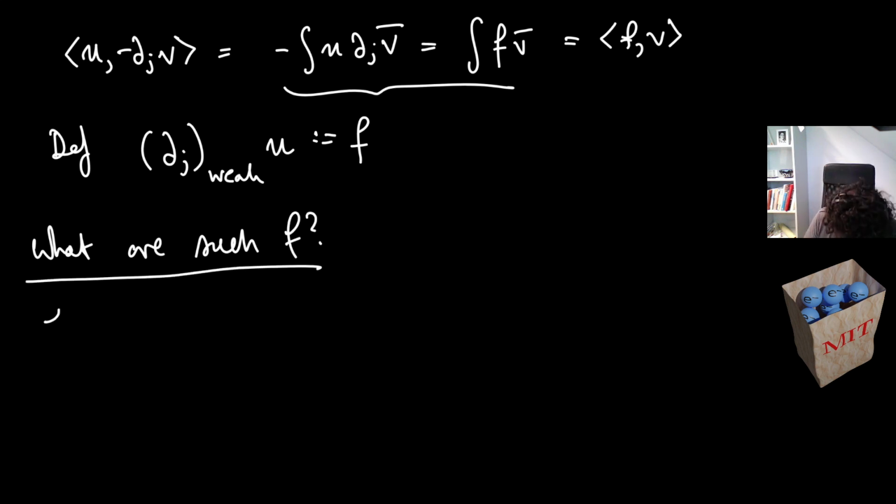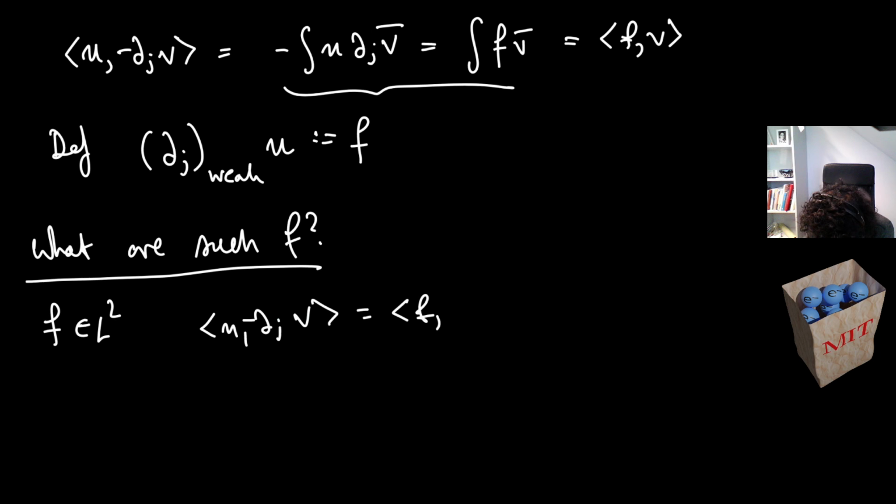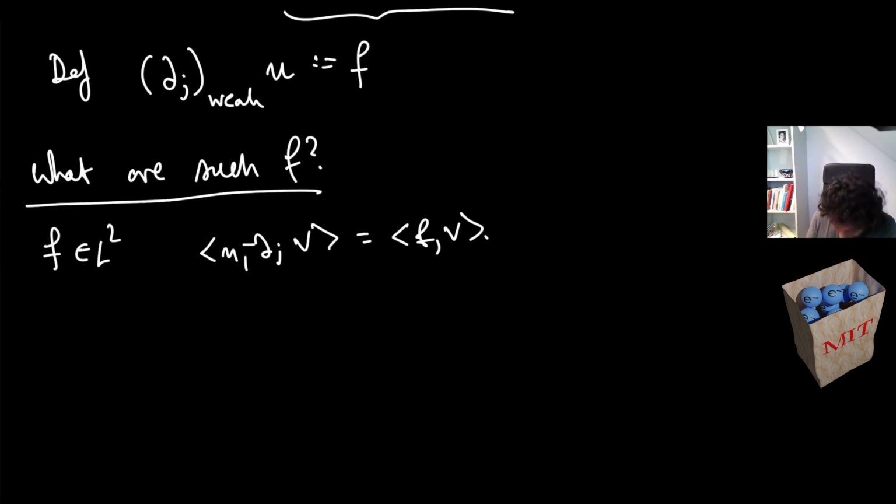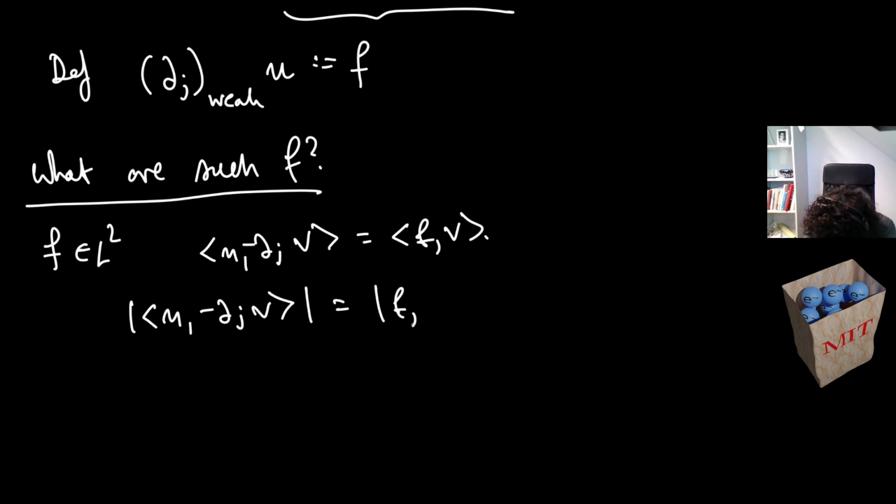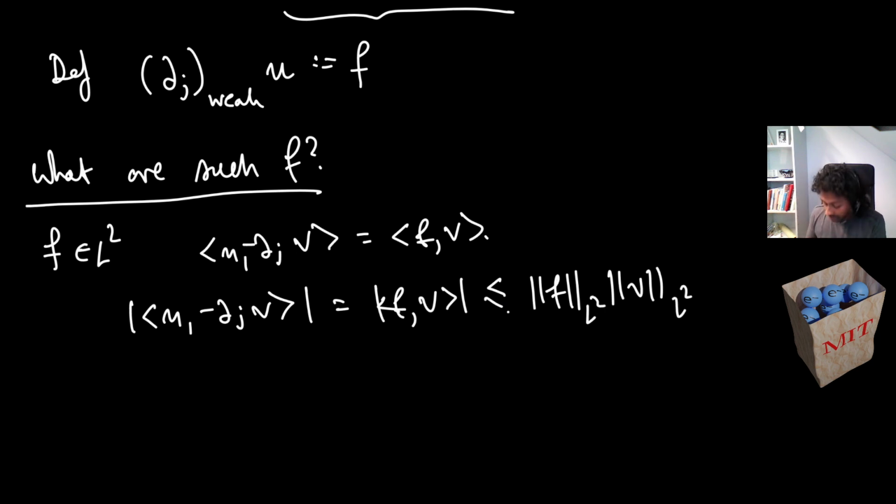So clearly, if F is in L2 satisfying this, we have that U partial J V is equal to F V, and by the Cauchy-Schwarz inequality, this is bounded by F in L2 and V in norm, right?